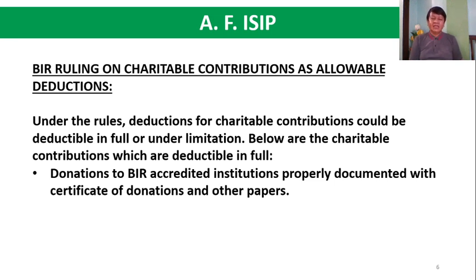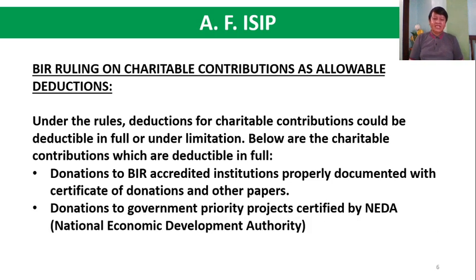Again, if you are a company that donated to a charitable institution and that institution is accredited by BIR, the amount of your donation is 100% deductible. Next, donations to government priority projects certified by the National Economic Development Authority.